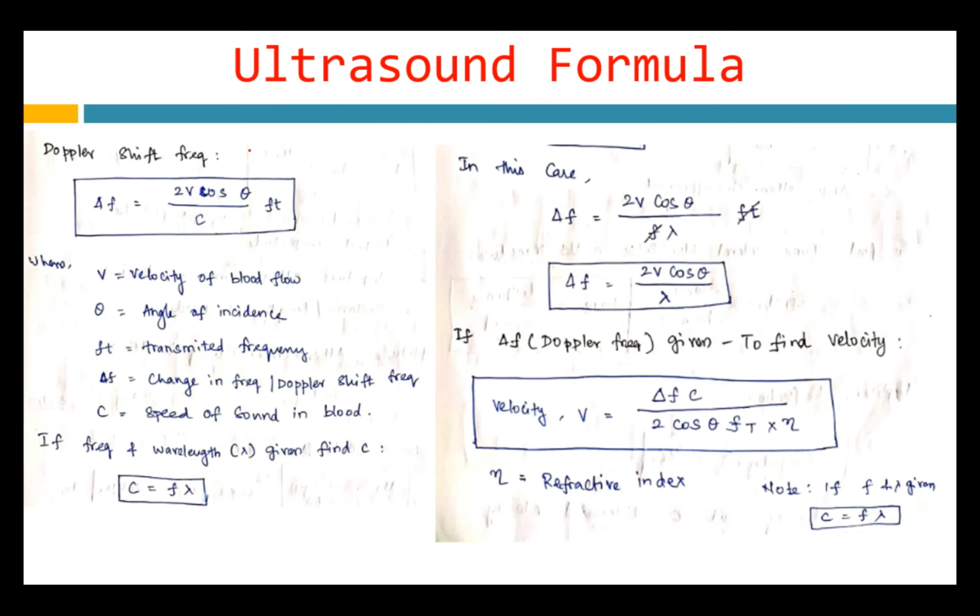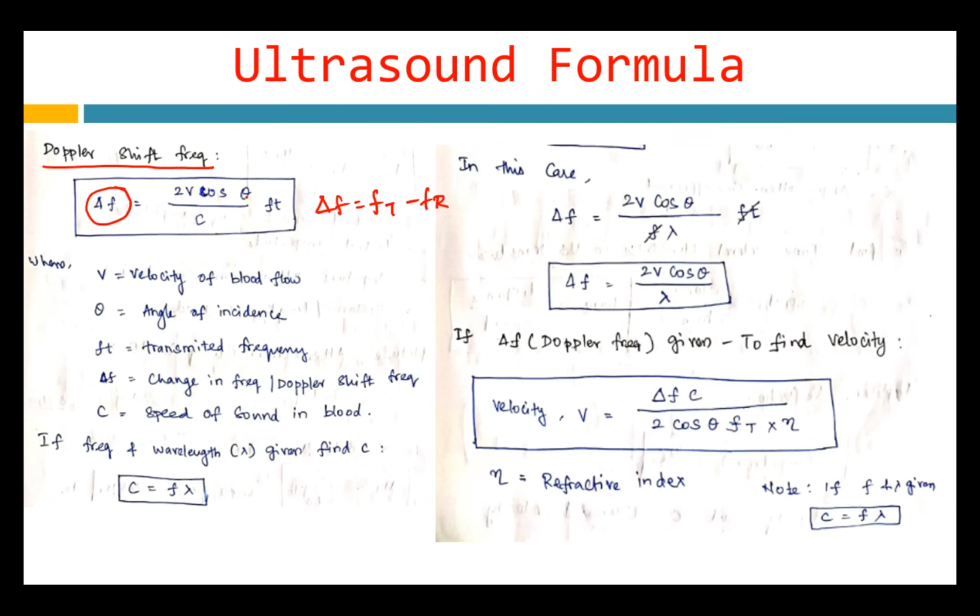Okay, the first formula is for Doppler shift. They ask you for the Doppler shift frequency. As we have discussed, Doppler shift is nothing but change in frequency. So del F is nothing but transmitted frequency minus receiving frequency. To find the Doppler shift frequency, you have the formula 2V cos theta by C into Ft.